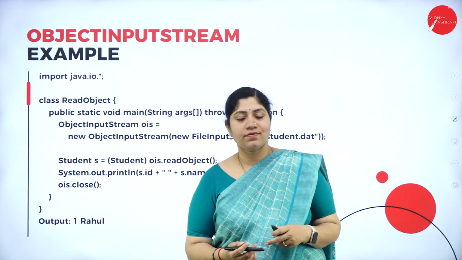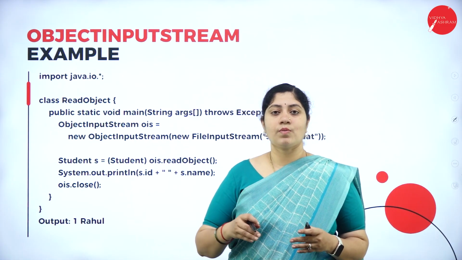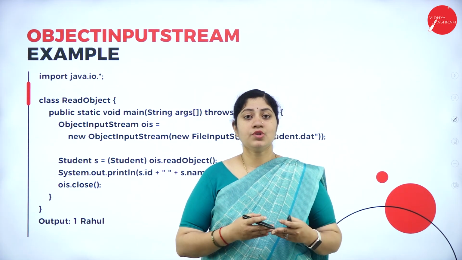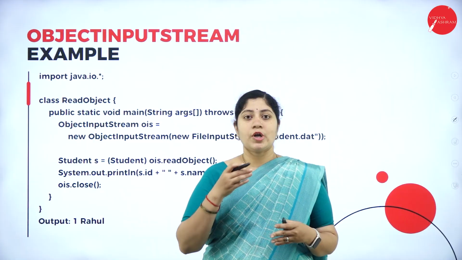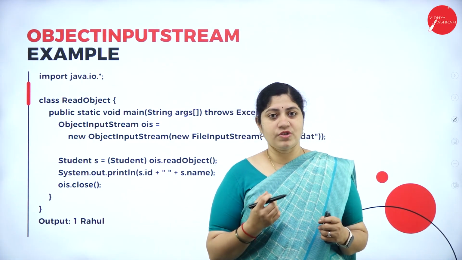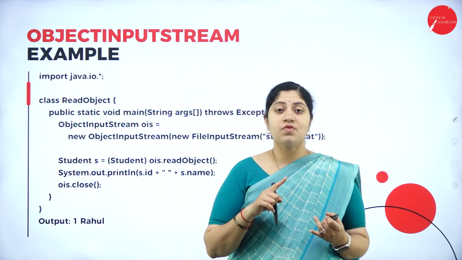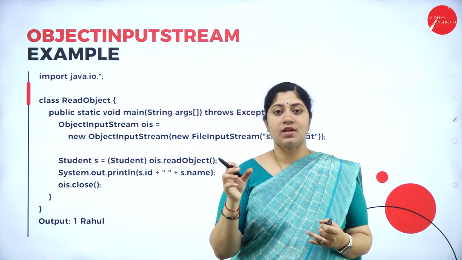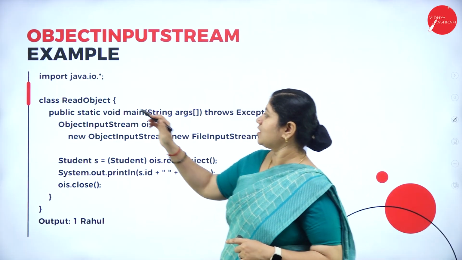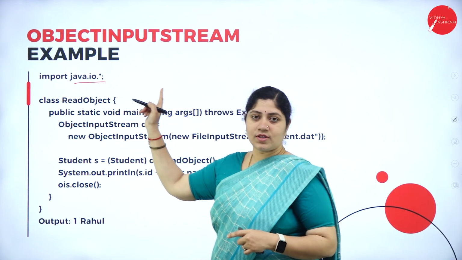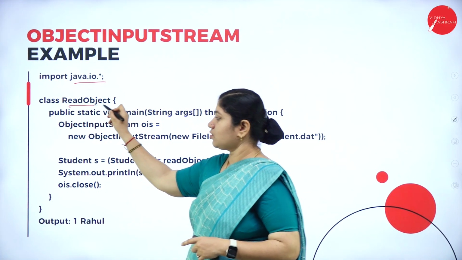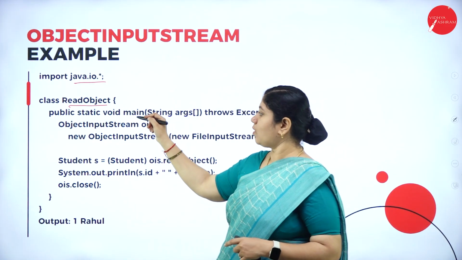Great. Now let's head forward and understand the object input stream. As we know, the object input stream is used to input or read the information or the data from the object, right? In order to do this, we need the package that is none other than the Java IO package. Let's see the example for this, that is import java.io. This is the package that is being called. Further, we are creating a class in order to read an object, ReadObject.